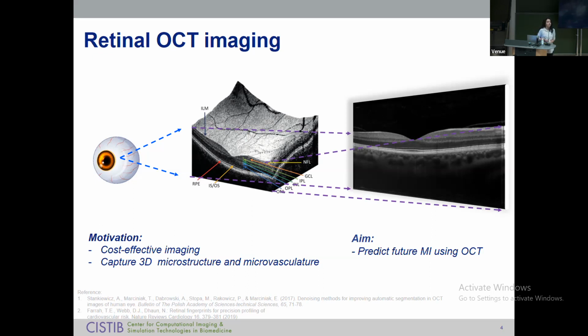So combining deep learning and optical coherence tomography could provide the means for screening patients at risk of cardiovascular diseases. Therefore, the aim of our study is to demonstrate that OCT imaging can predict future MI, myocardial infarction.